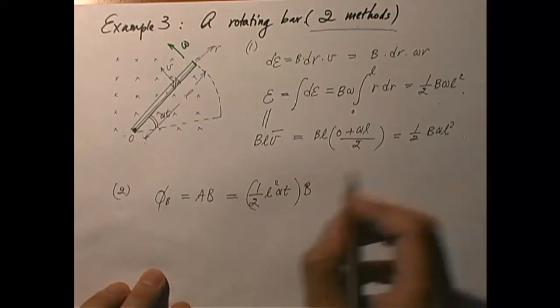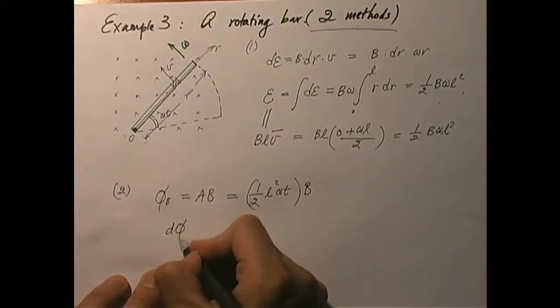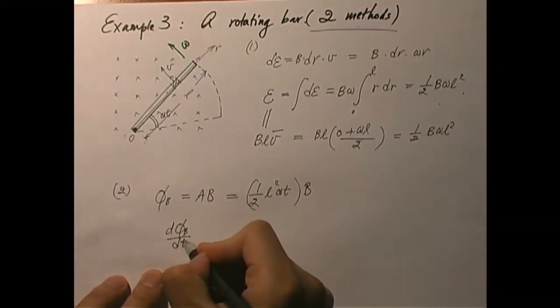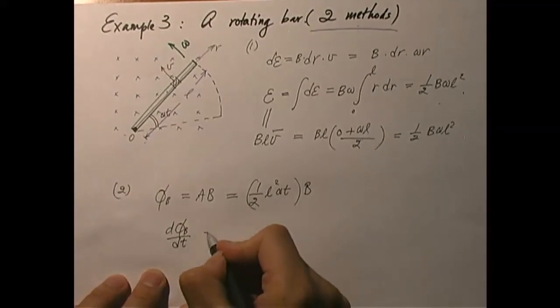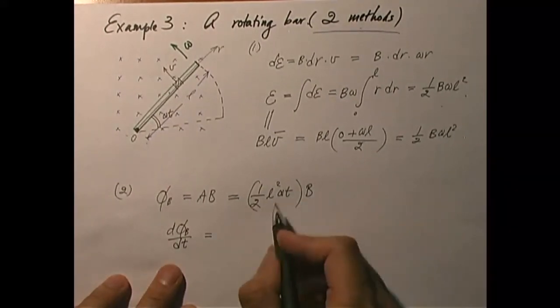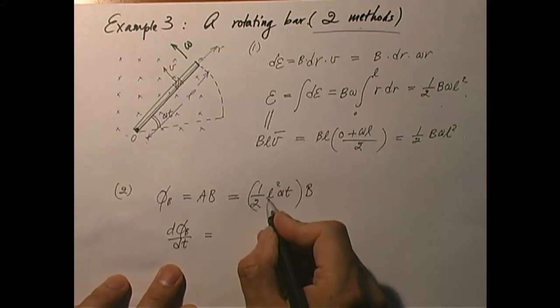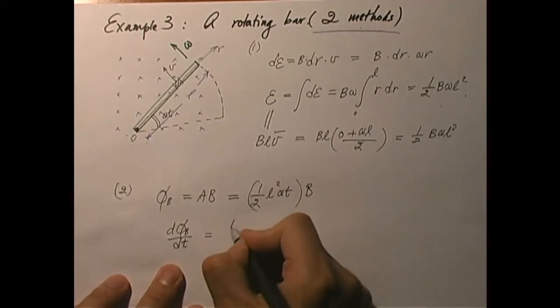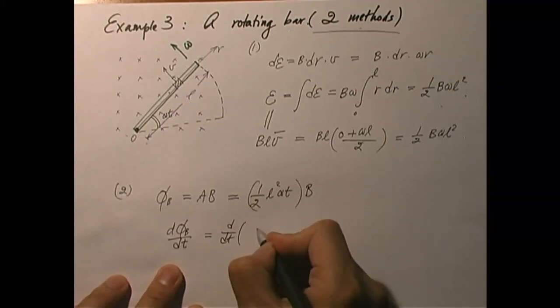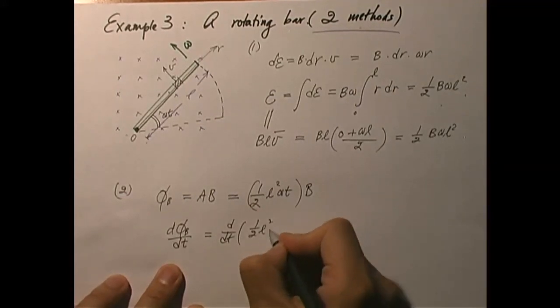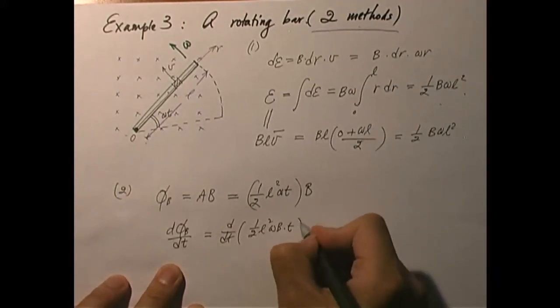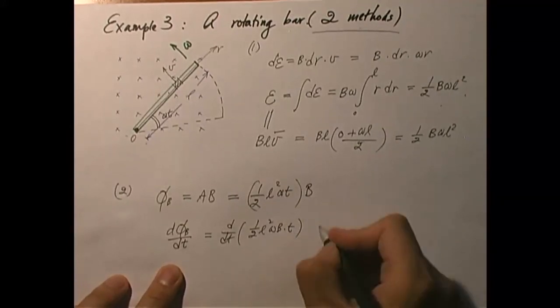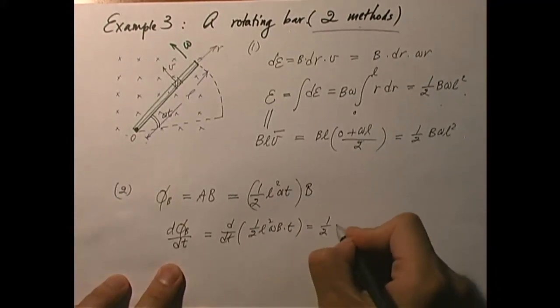Now, what is d phi B dt? What is that equal to? That equals 1/2 L omega B, in fact, right? So it's just d dt. Let me copy that. 1/2 L squared omega B, and then times t, and all these constants taken out, you just get 1/2.